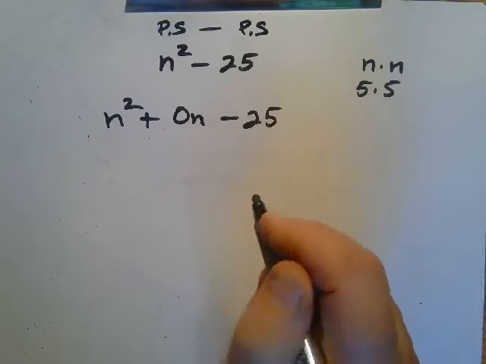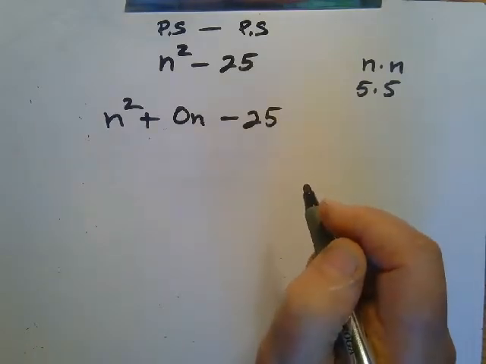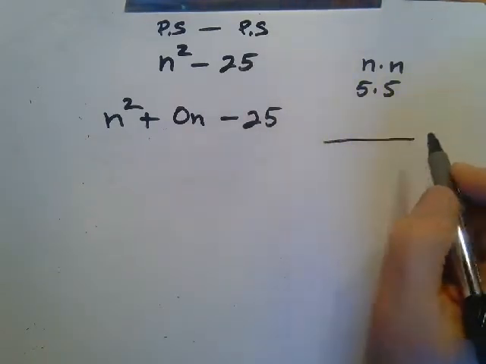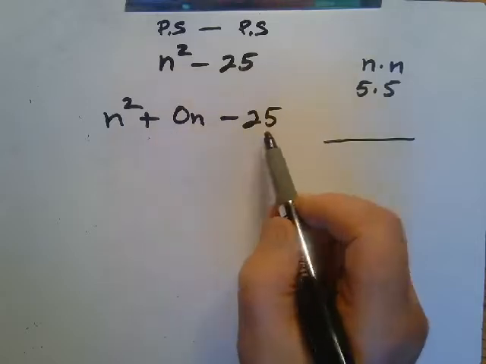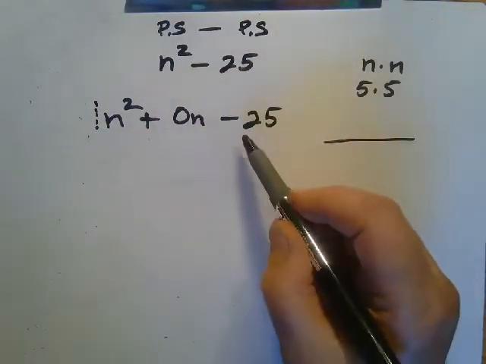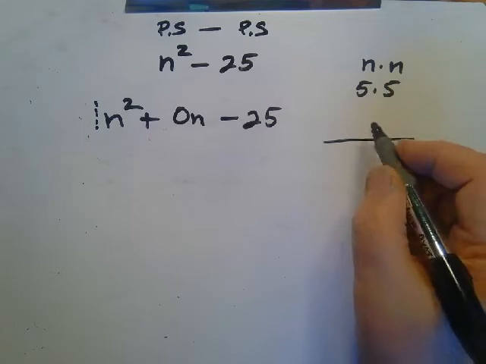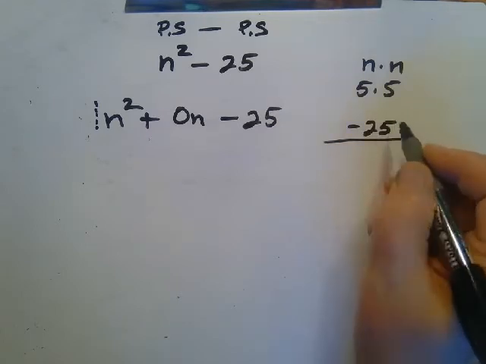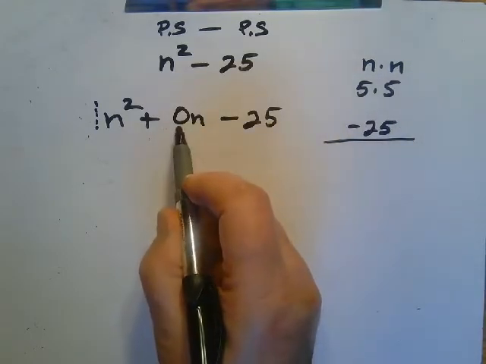Now, if we were to factor this using that trinomial method, we say, what two numbers will give me negative 25 when I multiply and 0 when I add?